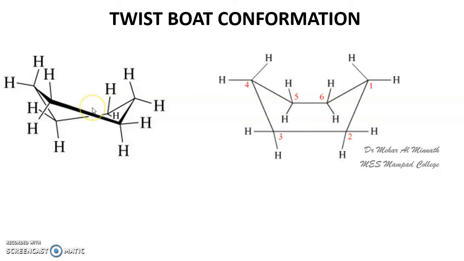So, in twist boat form, there will not be any eclipsing interaction, and also the torsional and steric strain is lowered. Also, there will not be any flagpole interaction because these two hydrogens are placed apart. The distance between these two hydrogens is more than 240 picometer.